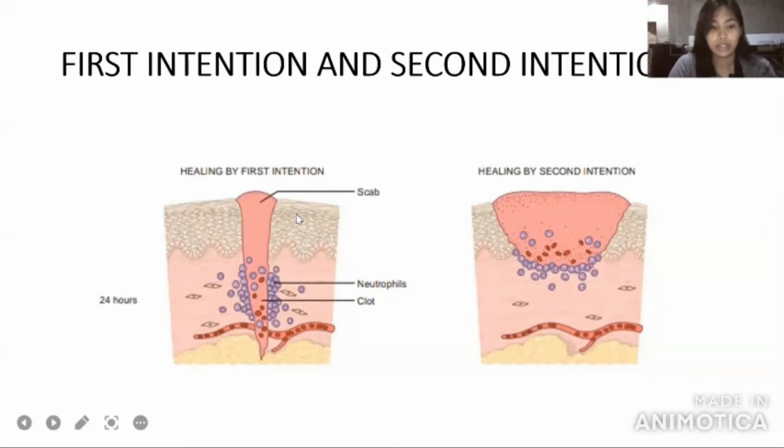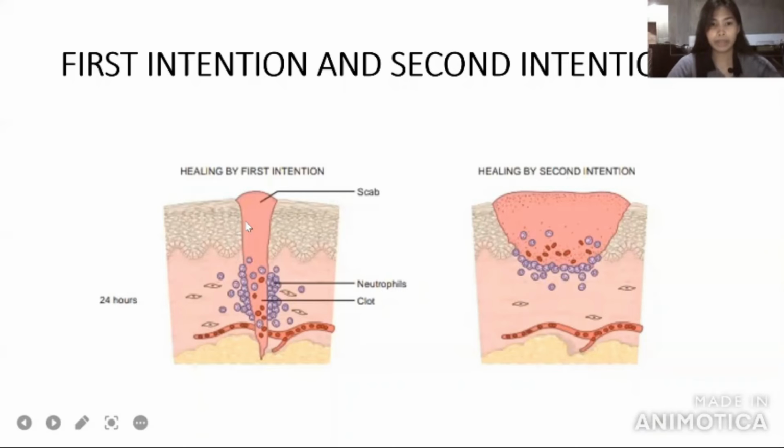Now, let us discuss how the skin wound heals by primary or first intention and second intention. This will be from 24 hours into a week. Here in the left picture, we have healing by first intention, and in the right picture, we have healing by second intention.